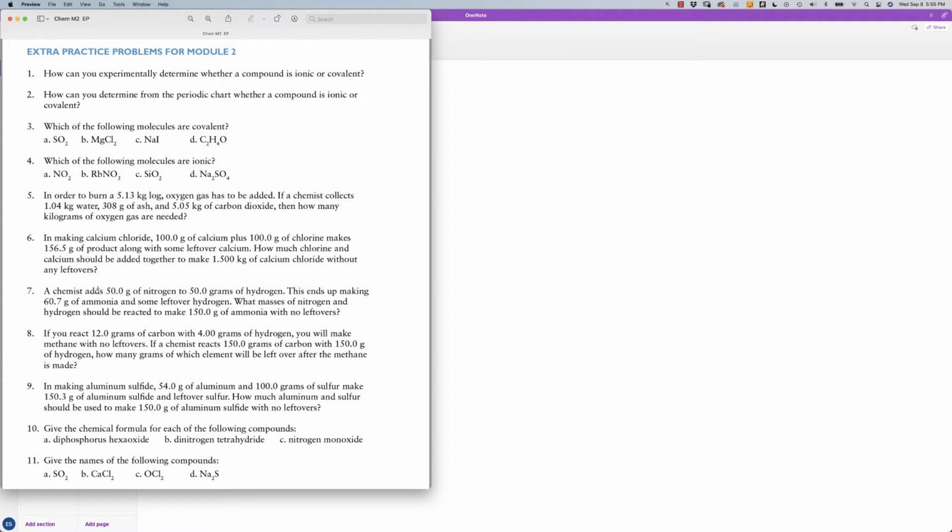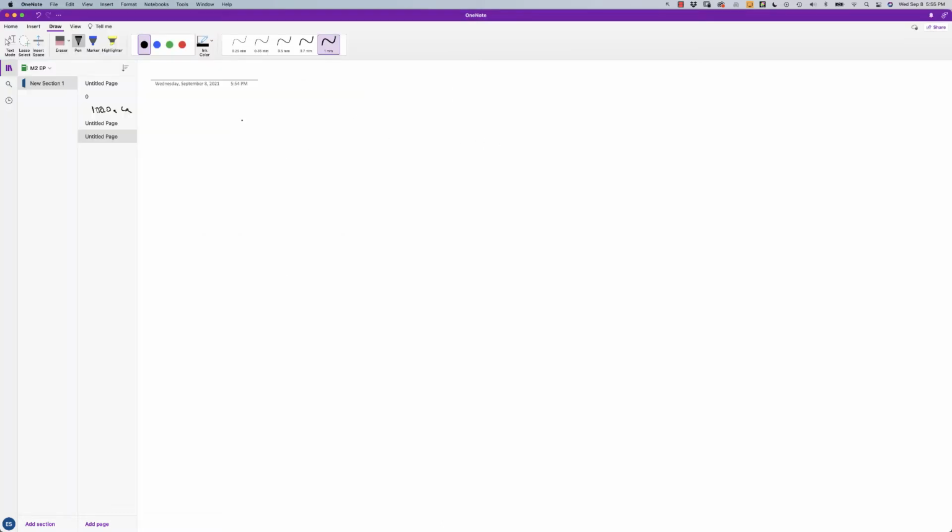Okay, so let's write down what we know first. We know that we have 50.0 grams of nitrogen. We know that we have 50.0 grams of hydrogen. We also know that that made 60.7 grams of ammonia.